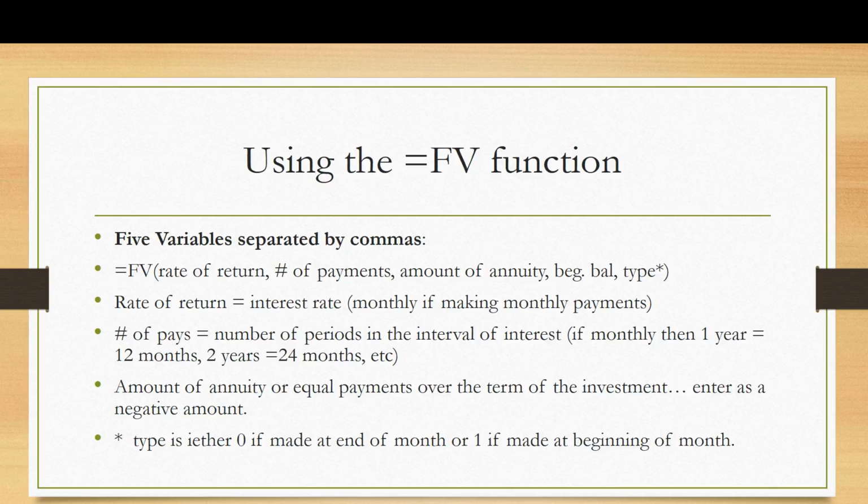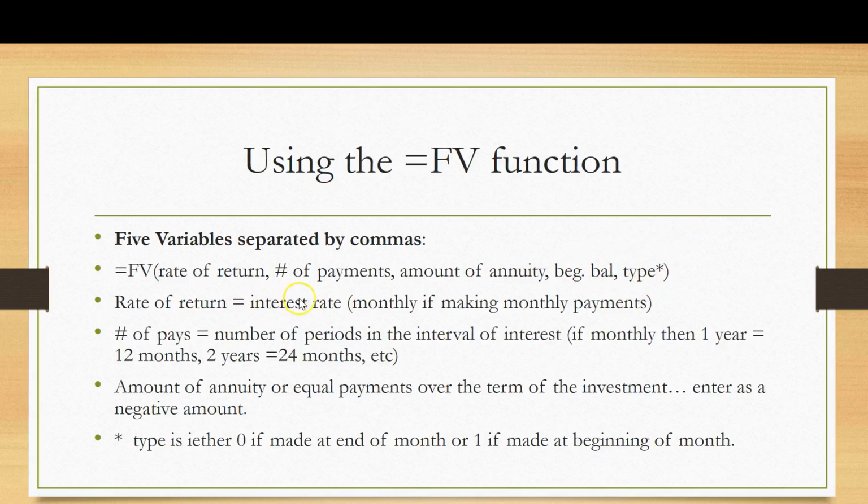There are 5 variables separated by commas. The 5 variables are shown here. The 5 variables in a specific order are the rate of return, the number of payments, the amount of the annuity, the beginning or starting balance, and the type of investment.